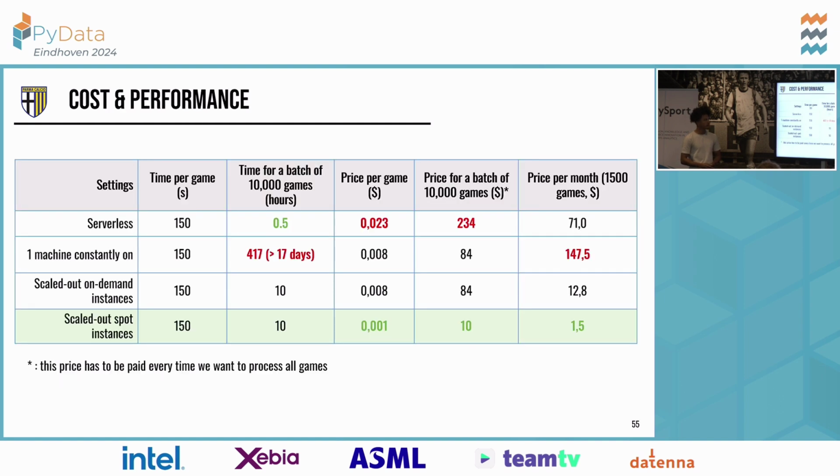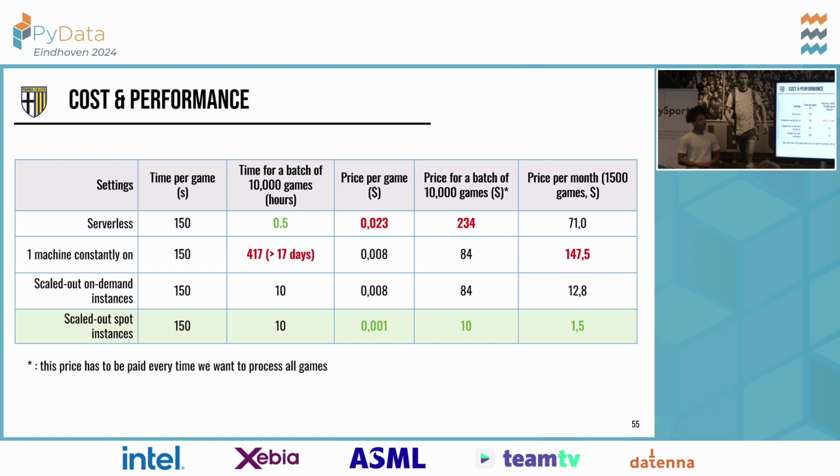In terms of performance, we compared it with a serverless solution, with one machine constantly on, and with the same solution but with on-demand instances. So we have to pay thousands of dollars for each game. So if you have a database with 10,000 games, it's $10, which I think is affordable for a professional football team.